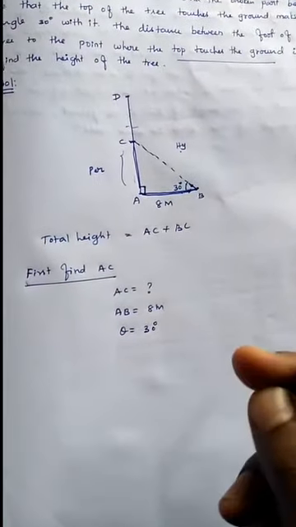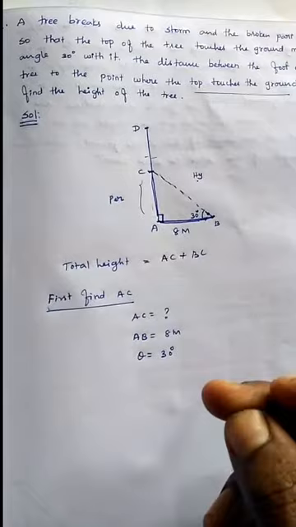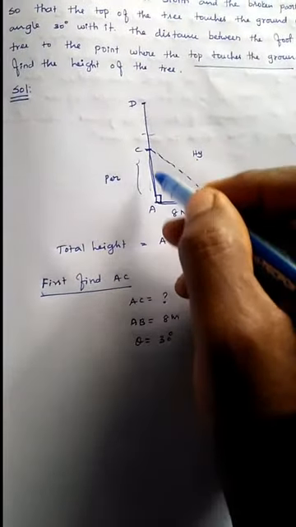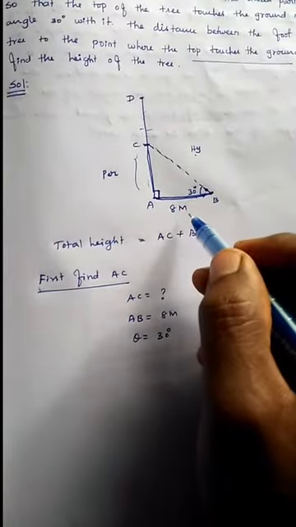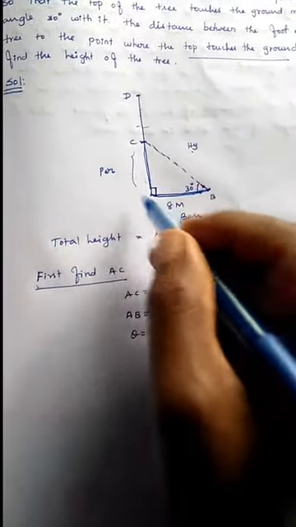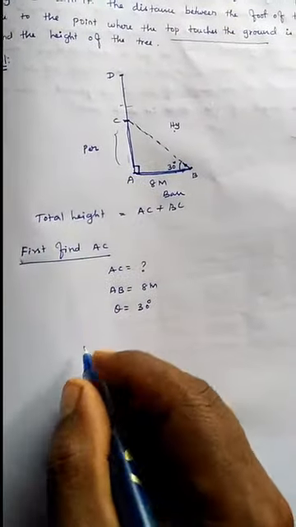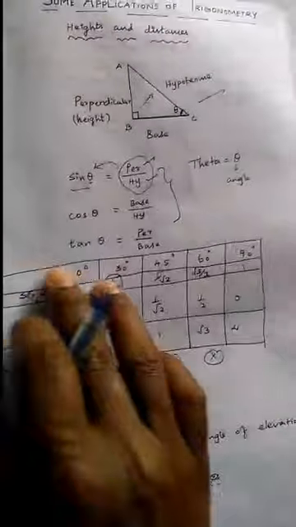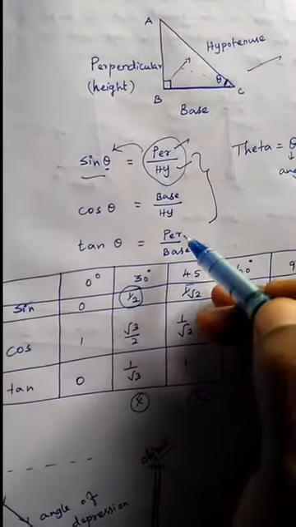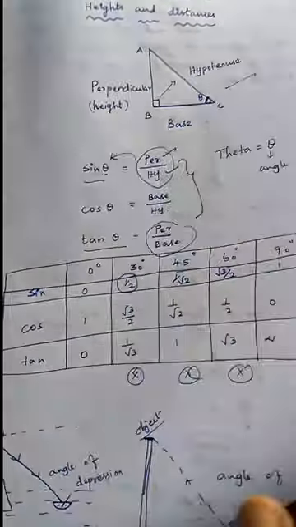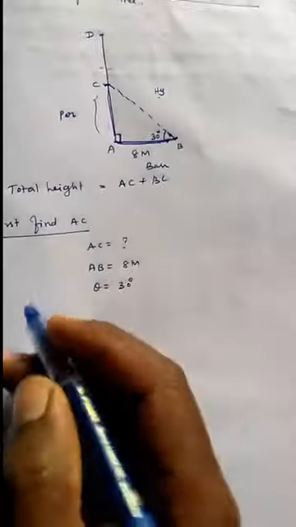Now we know how to select the formula. In video 1 I explained. Now see, AC means perpendicular and AB is given, so base is given, perpendicular we have to find out. So base and perpendicular, what is the formula? Perpendicular by base. So the formula we have is tan theta. So this is the way you can select the formula.